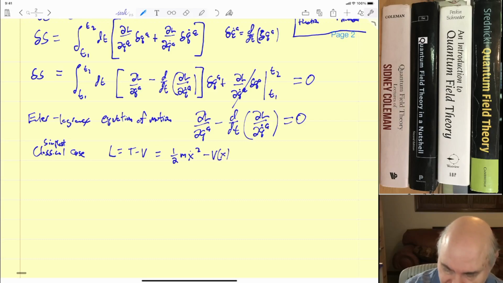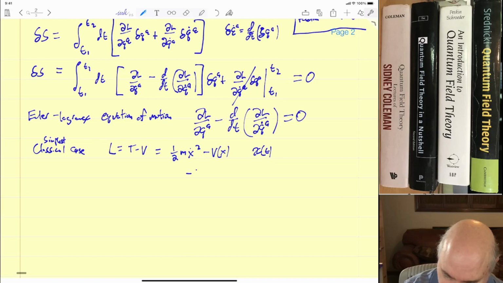T is kinetic energy, V is potential energy. And our dynamical variable is x of t. The partial of L with respect to x is equal to minus the partial of V with respect to x. And then I have minus d/dt of the partial of L with respect to x dot, which is m x dot. This is equal to 0.